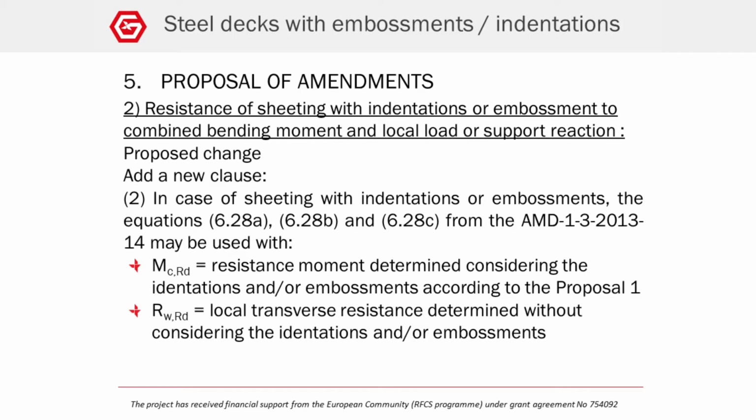The second proposal deals with resistance of sheeting with indentations or embossments to combined bending moment and local load or support reaction. It specifies that resistance moment should be determined considering the indentations and embossments according to the previous proposal, and that the local transverse resistance should be determined without considering the indentations and embossments.